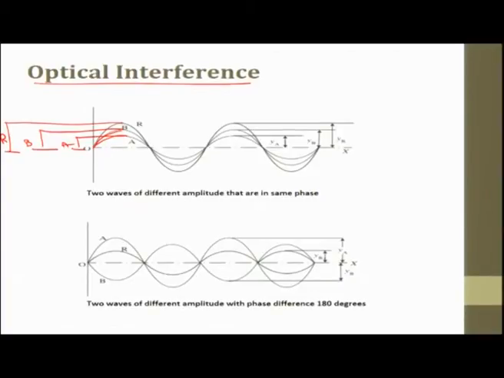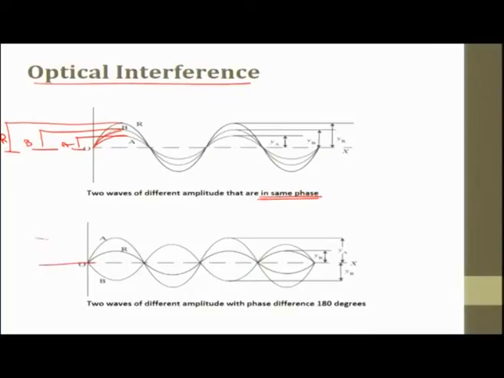Here please understand that the lights are in phase. If the lights are of different amplitude and out of phase, then you will get a resultant which is the subtraction of both.